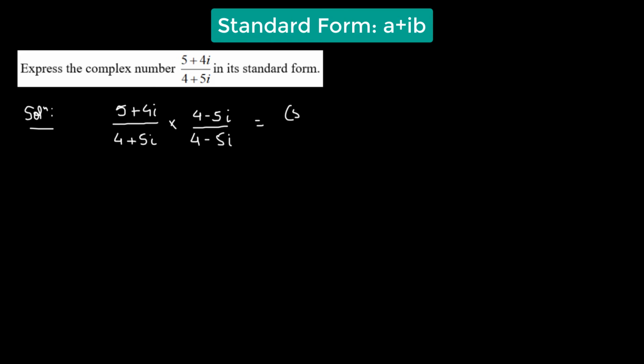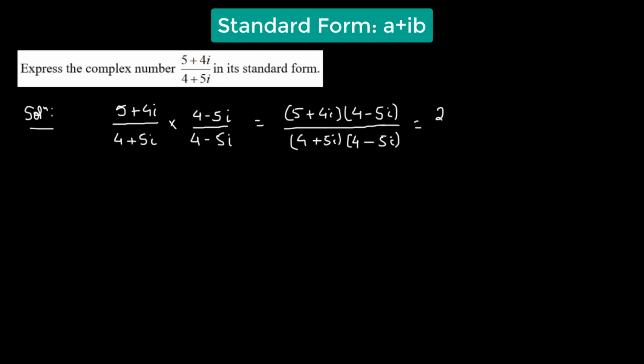So now we have 5 plus 4i multiplied to 4 minus 5i in the numerator divided by 4 plus 5i times its conjugate, which is 4 minus 5i. Now we have to find the product of both the numerator and the denominator individually. So let us begin with the numerator. We use the FOIL method.